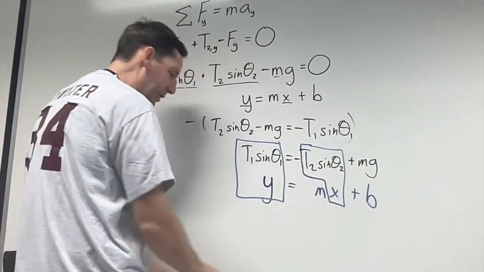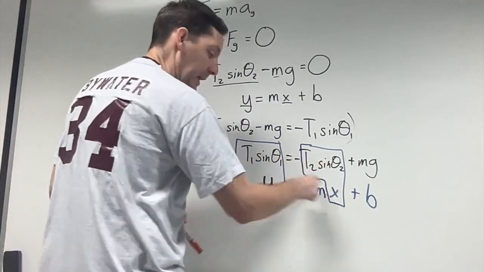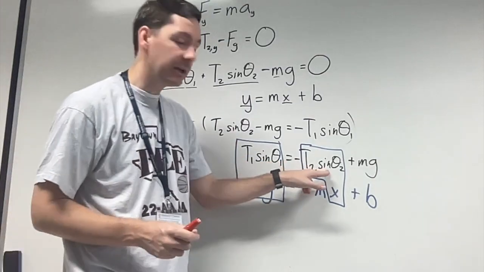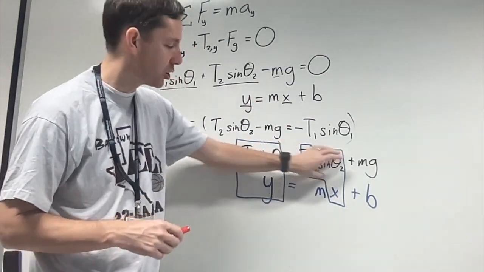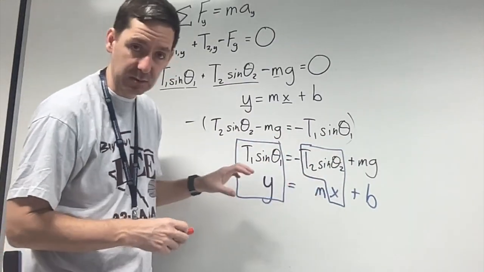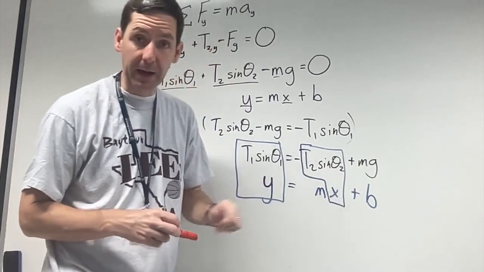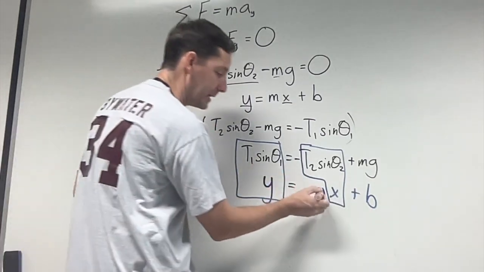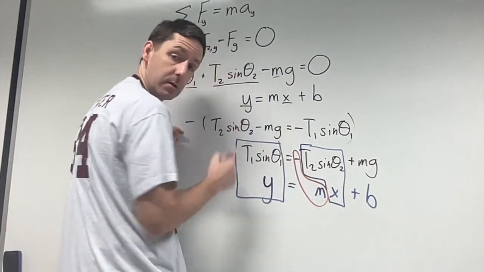Now, what you'll notice is if I put the things that I measured in for x and y, and sometimes you'll end up with a constant here as well, that's fine. That's not a problem. But the things that you measured need to be inside of that x and y. Okay? They should not be inside of the slope or the y-intercept. Because what you'll see now is that my slope, my m, should be negative 1.